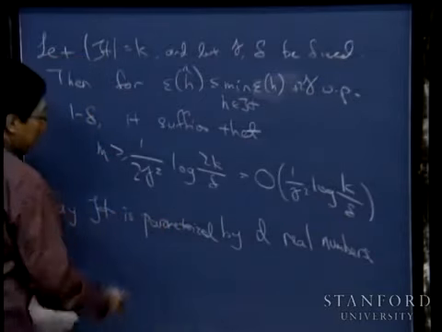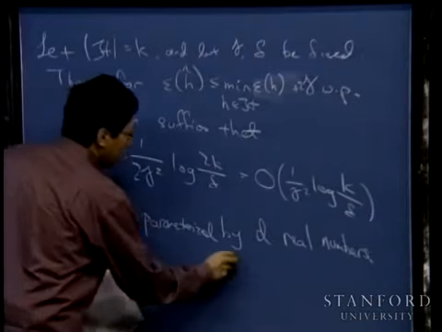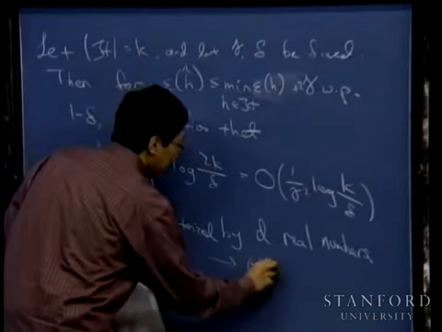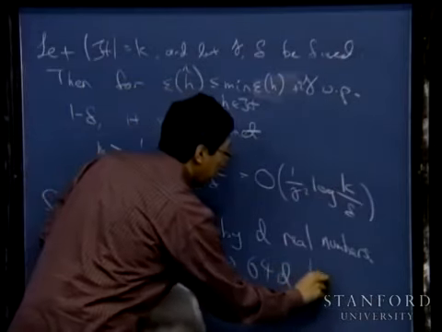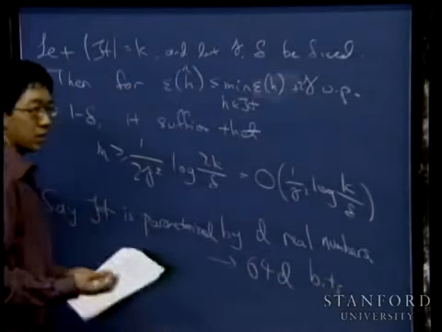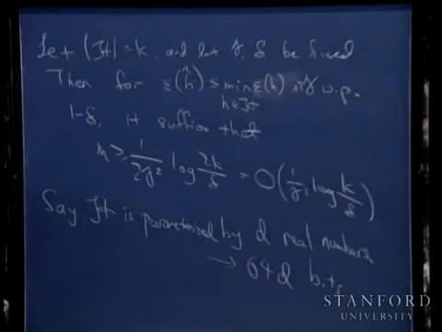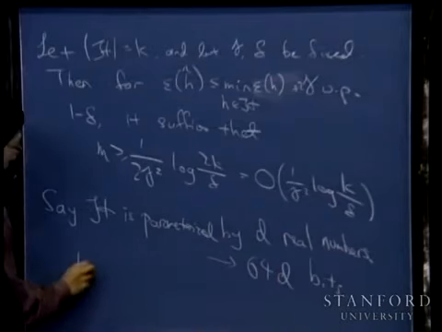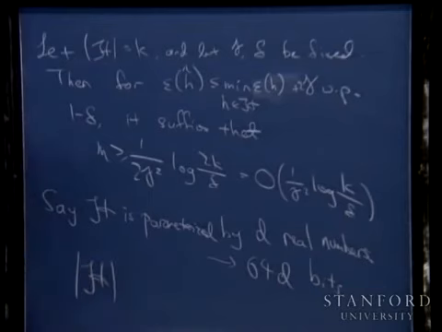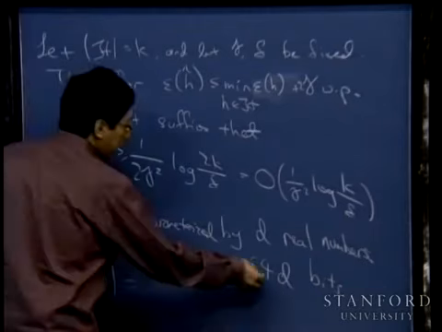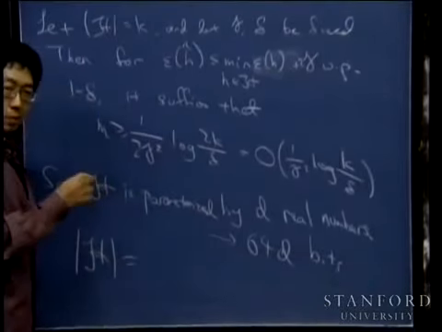So if it's parameterized by D real numbers, it's really as if it's parameterized by 64 times D bits. Computers can't represent real numbers, they represent these discrete things. And so the size of your hypothesis class in your computer representation, you have 64 times D bits that you can flip.